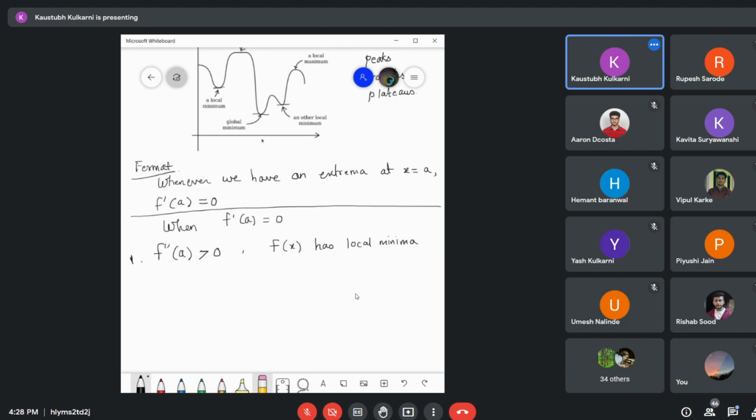Minimum is singular, minima is plural. Local minimum at x equal to a.